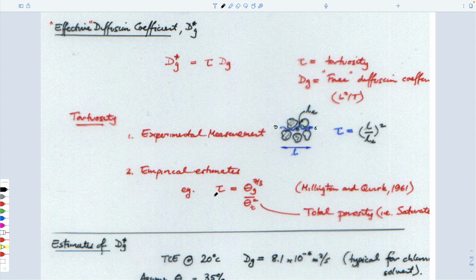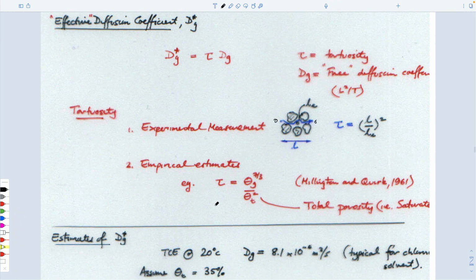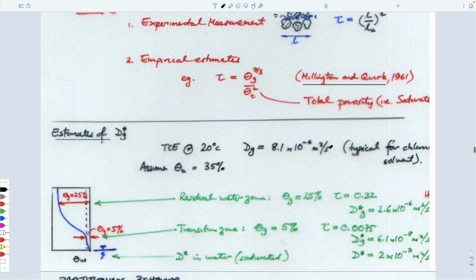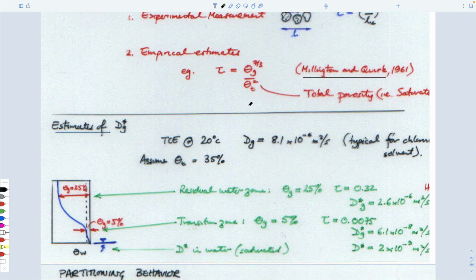Before, we said the magnitude of this might be between 0.01 and 1. It wasn't very definitive, I guess because we were always going to measure it in situ. Here, you could use this in the aqueous zone as well. This is just due to a relationship by Millington and Quirk from a long time ago, 62 years ago now, which looks at the ratio of the total volumetric void volume relative to the part that's gas filled.